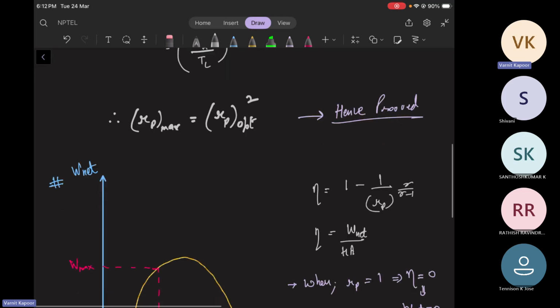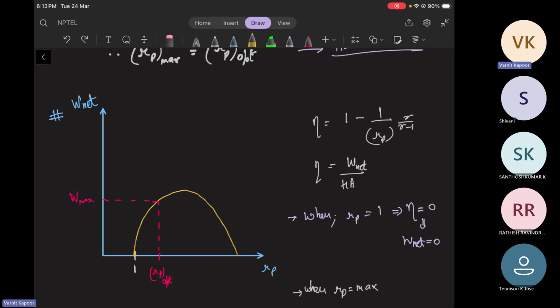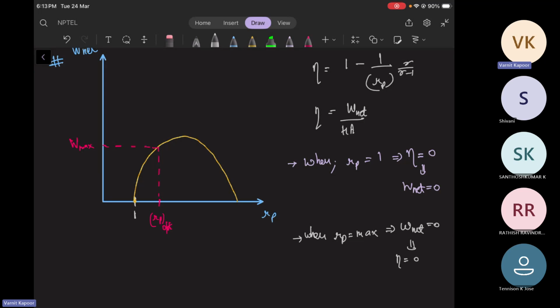But when my RP is maximum, that means my cycle is not providing any work, because we are going from 1 to 2 and there is no other process which will make the cycle get completed. We have eventually reached the maximum temperature, so there won't be any heat exchange from the heat exchanger. Here we are not getting any area of the graph. That means our work output will be 0, work net is 0, and that means my efficiency will also be 0 for that cycle.